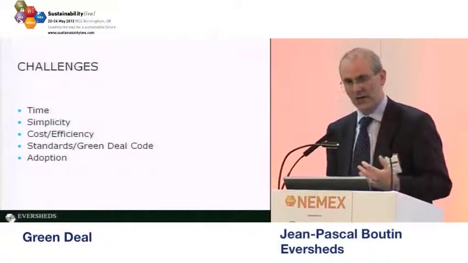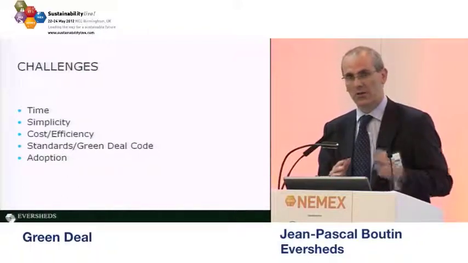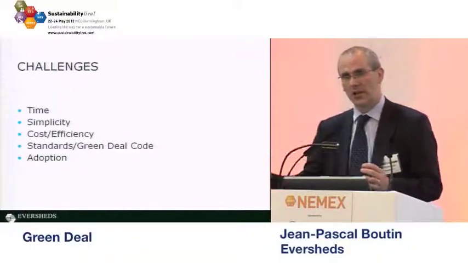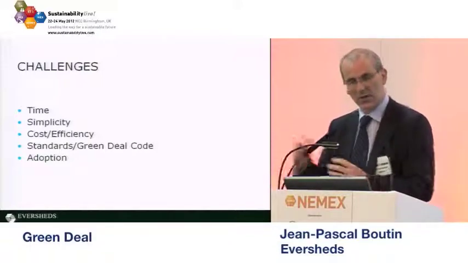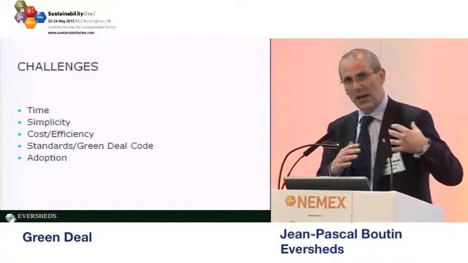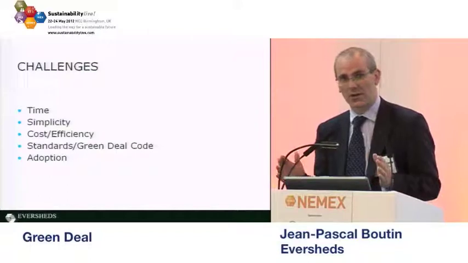So one of the challenges from the process is the time taken from the initial customer contact, to entering into a contract, the Green Deal plan with the customer, to actually doing the installation works. And the time taken, the industry has suggested, could be as long as 6 months.